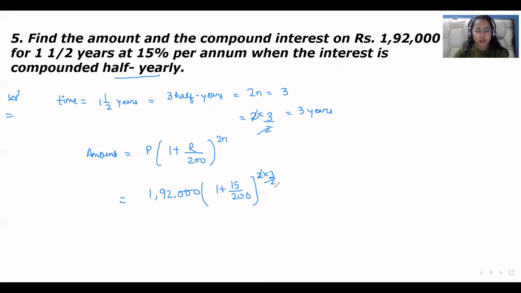Eliminate it. So it gives you directly 3. We will divide it by the table of 5. It comes at 3 times, and 40 times. So we can write it as 1,92,000 times 43 over 40.